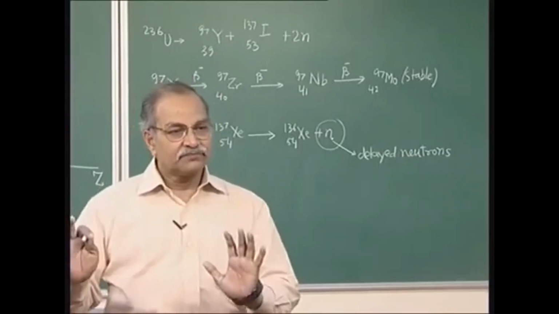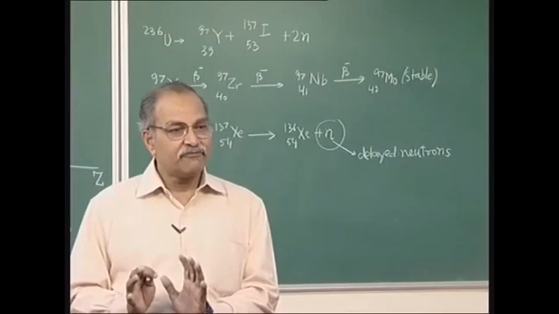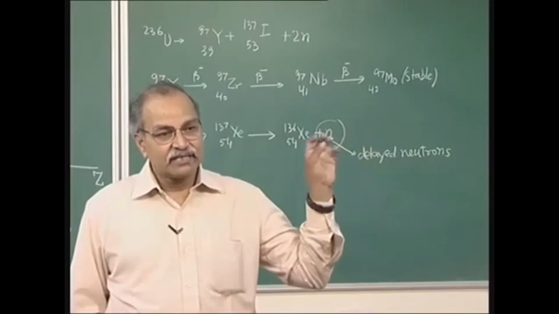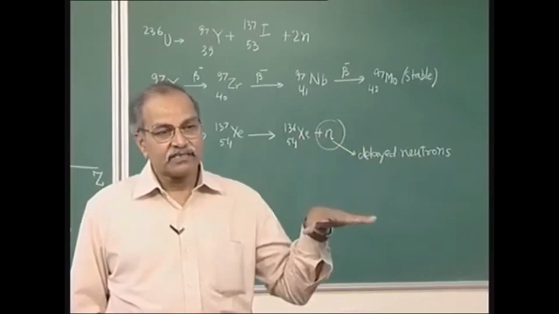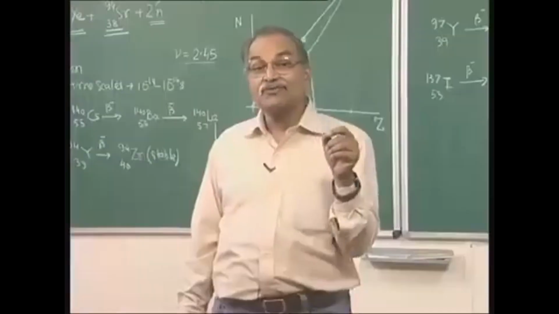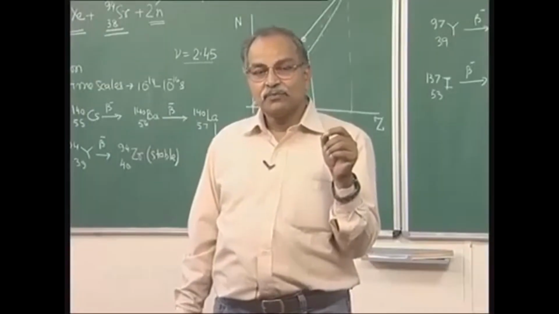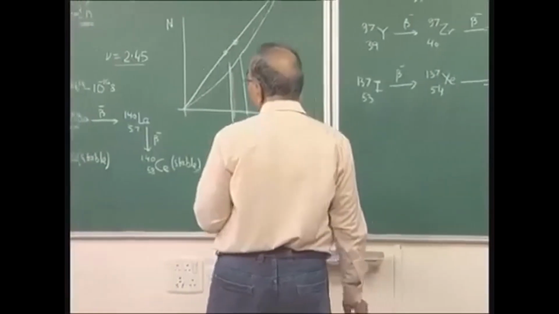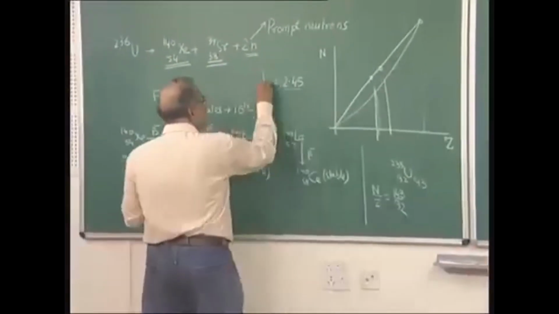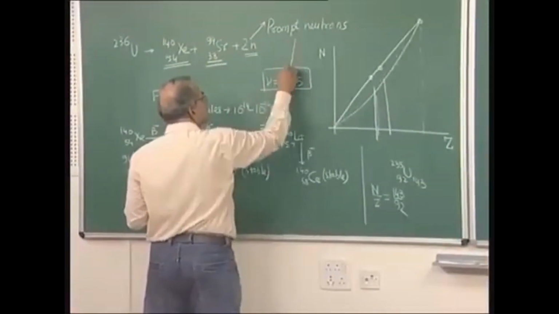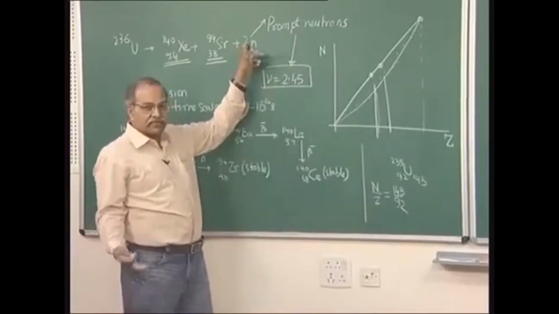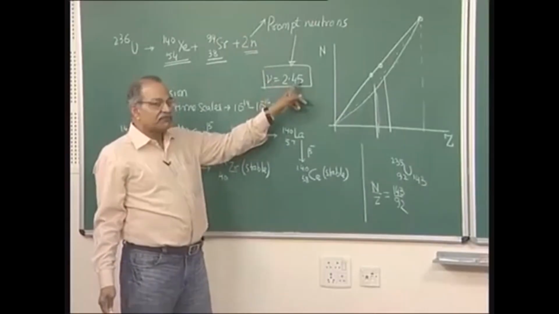Overall, on average, prompt neutrons are 2.45 or so, and the average number of delayed neutrons is something like 0.02 per fission. So this nu is 2.45 for the prompt neutrons per fission, sometimes 2, sometimes 3, on average 2.45.